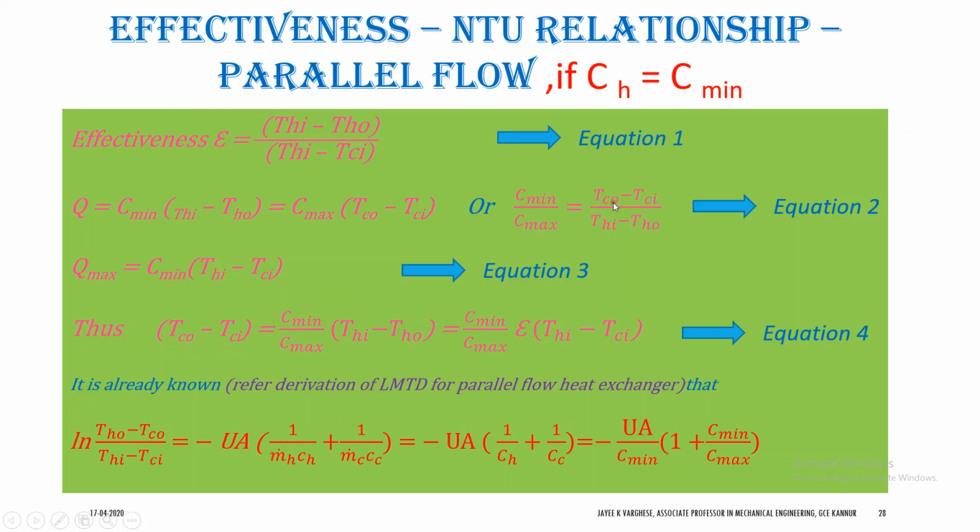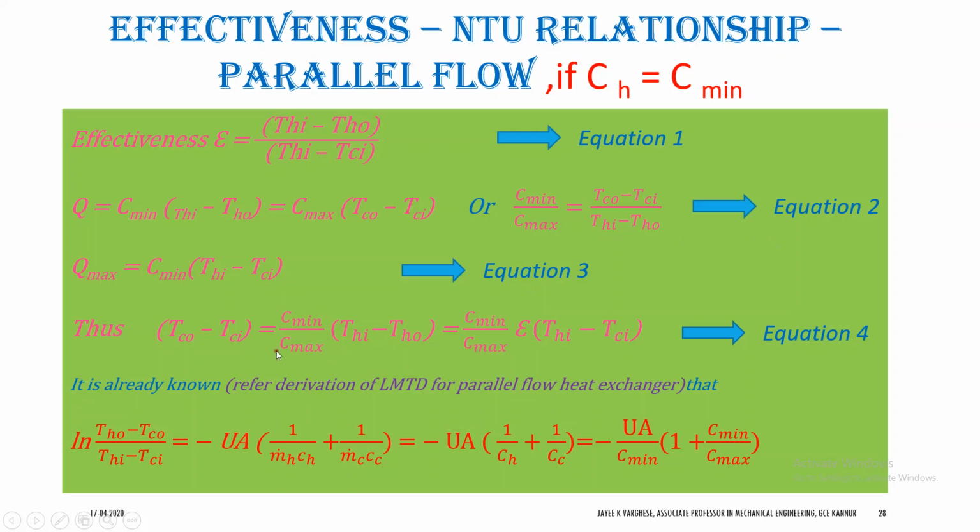If you see any relation like TCO minus TCI or THI minus THO, we should be able to write them in terms of C min by C max, effectiveness, etc. So here, TCO minus TCI is written as C min by C max into THI minus THO, from this equation 2.